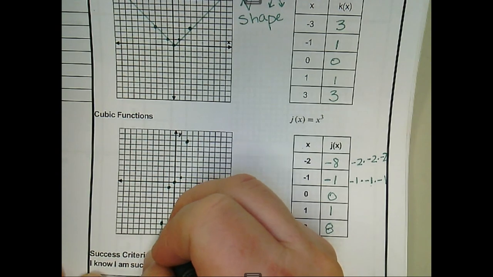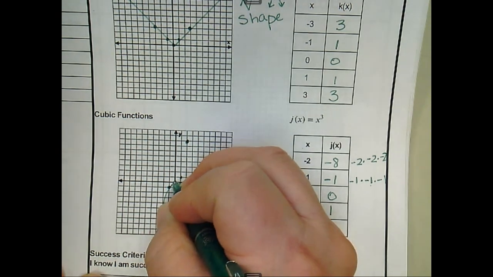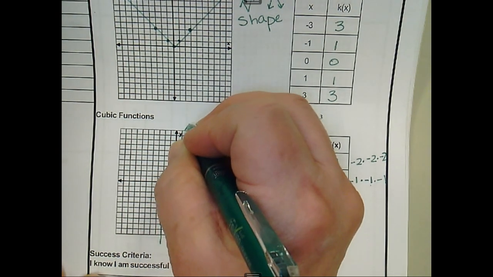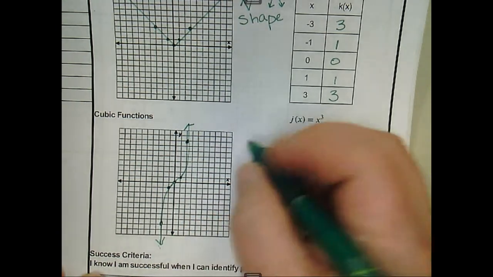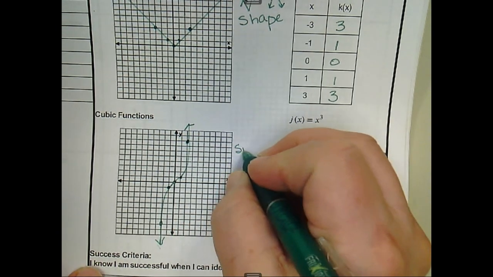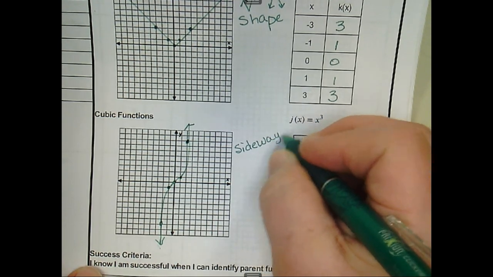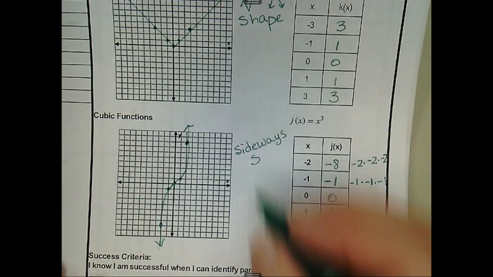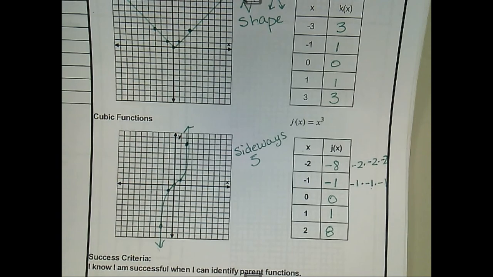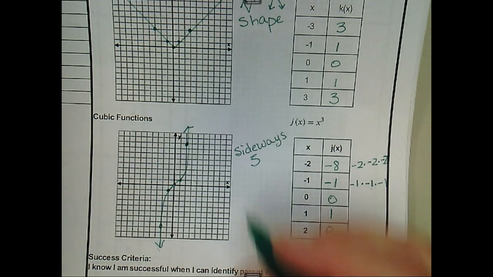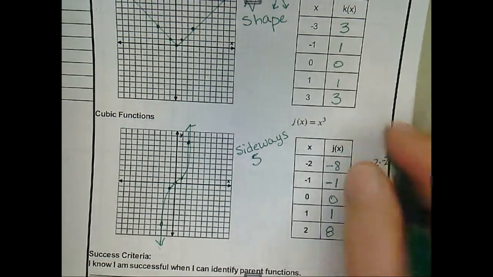So it's kind of like an elongated sideways S. That's what it looks like. Your exponent is 3.